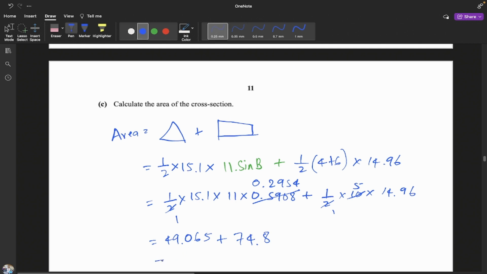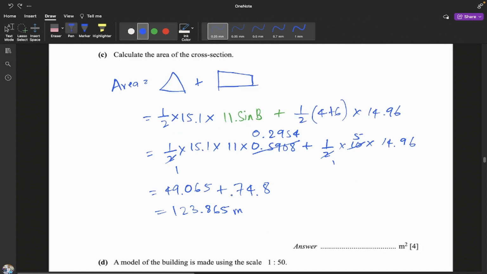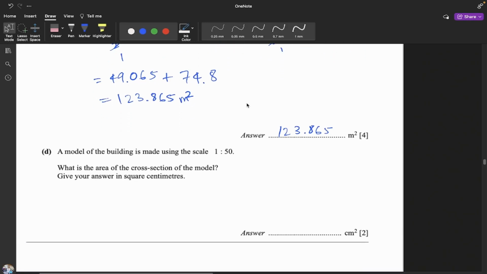You get the area 123.865 meters, not cube, meters square. 123.865 meters square.